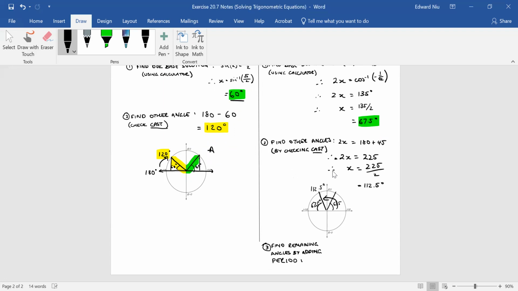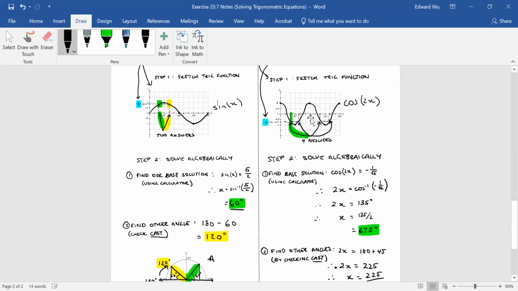Okay, so the period is 180 degrees, because that's when it starts repeating itself, as we can see in the graph.